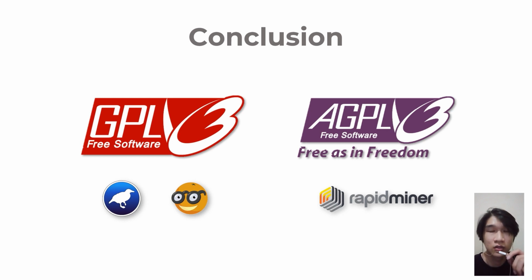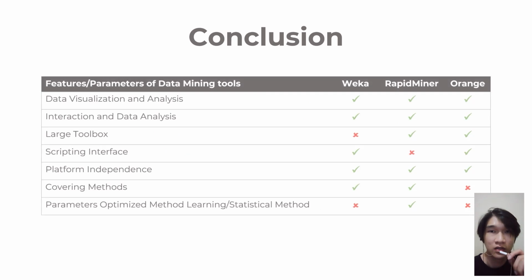Okay, so the next one is this table. It is according to the journal analysis of data mining tools. Weka, RapidMiner, and Orange have similarities in several features of the data mining function.